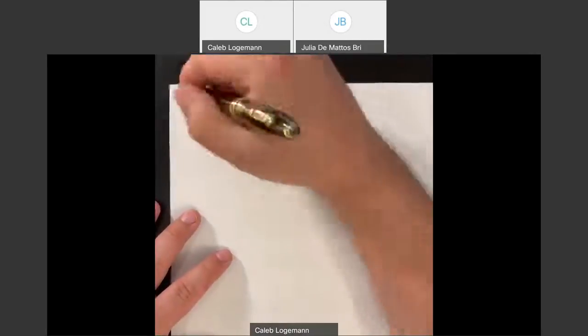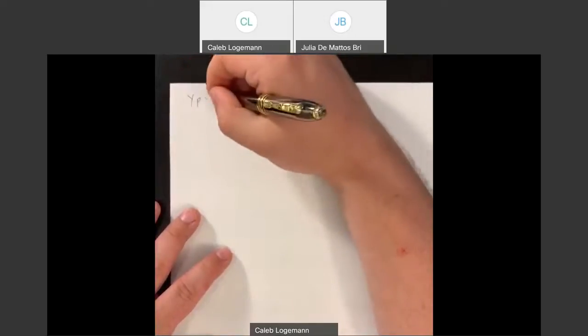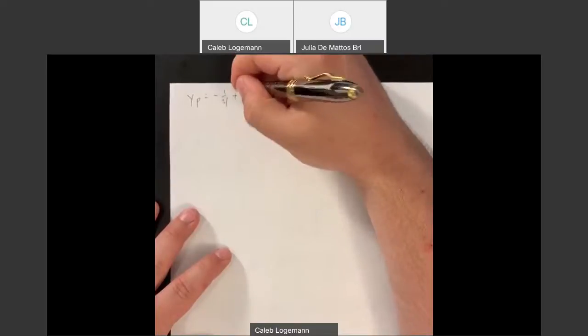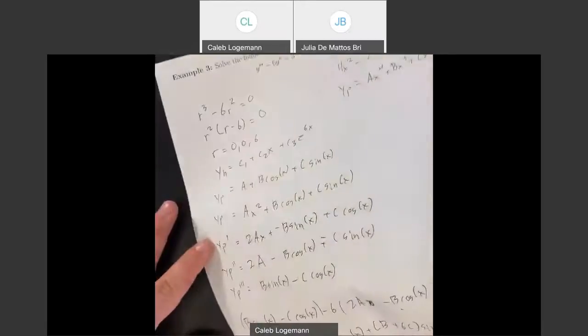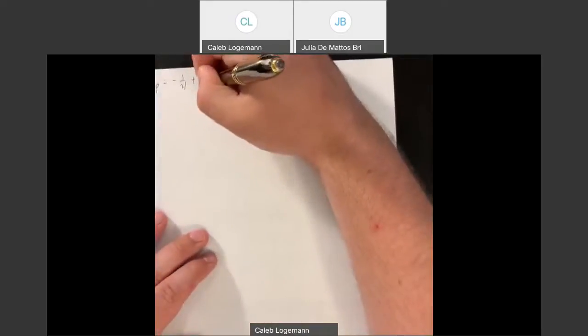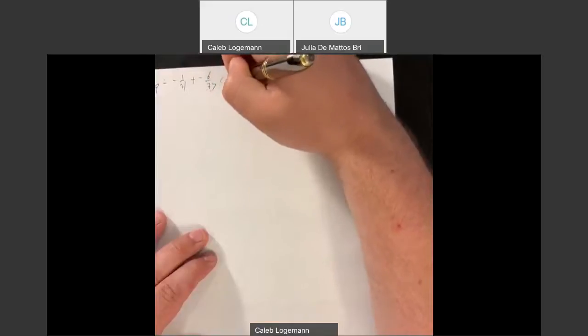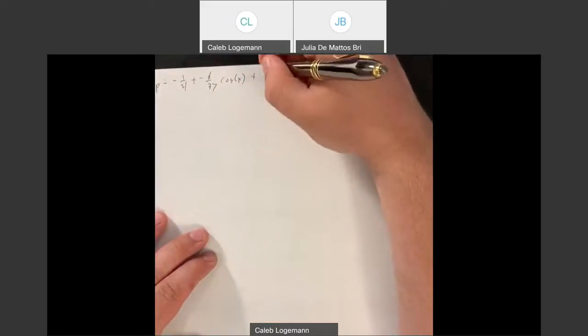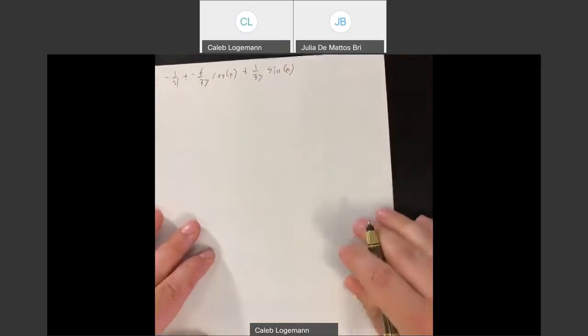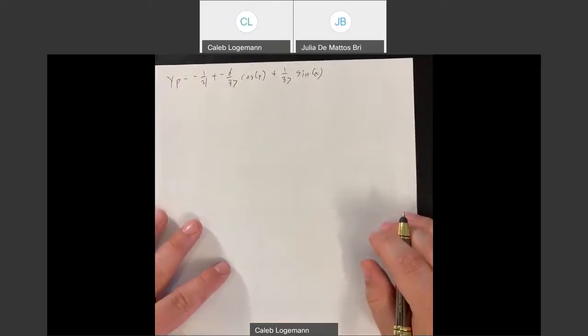All right, so the particular solution then: minus a quarter, plus, c was 1, so negative 6 37ths cosine plus 1 37th sine. Okay, that'd be the particular solution.